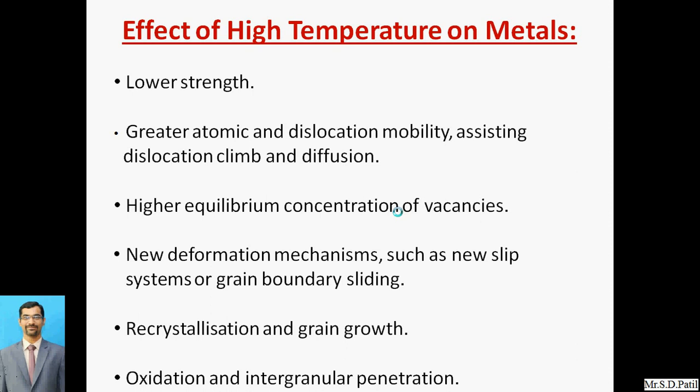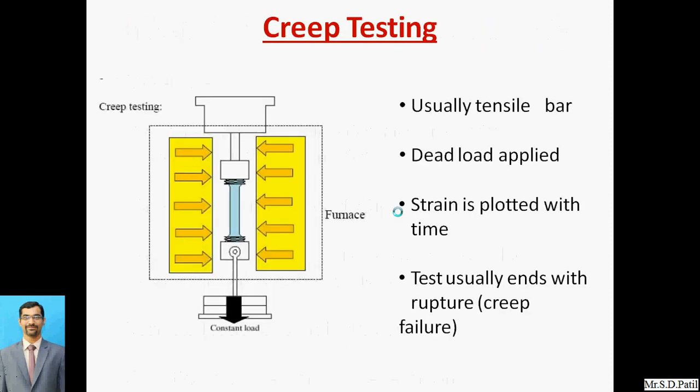Then new deformation mechanisms such as new slip systems or grain boundary sliding, recrystallization and grain growth occur, along with oxidation and intergranular penetration. These are the effects of high temperature on metals.